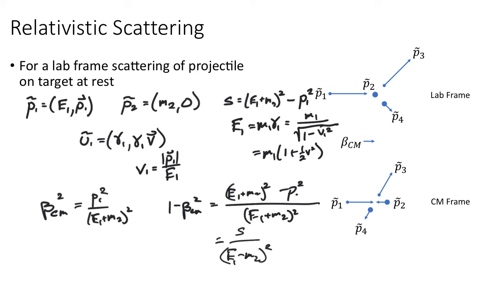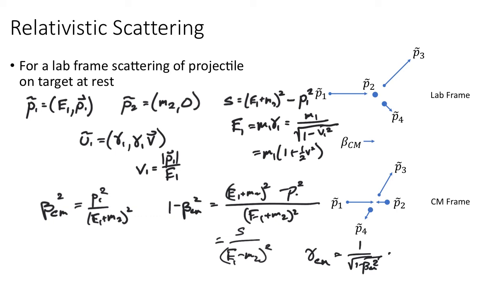We can then find out what the gamma of the center of mass that goes with that. That's just 1 over the square root of 1 minus beta CM squared. And since we've calculated that already, we just have to take this fraction, flip it over, and take the square root.